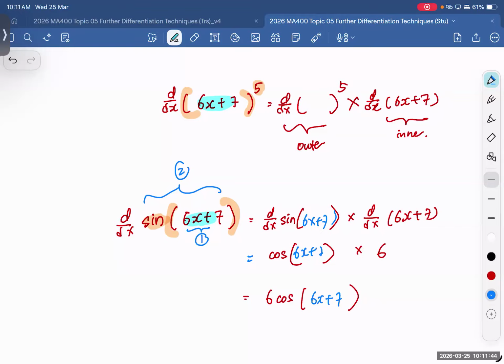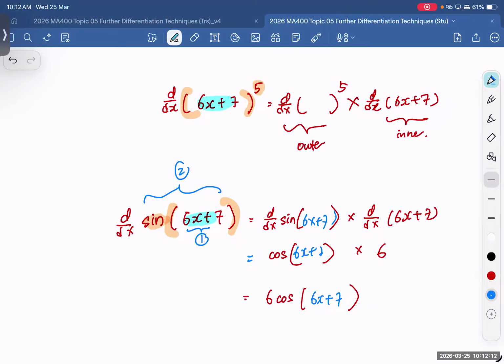Jason Lloyd, differentiate tangent 2x. 2 secant square 2x. Correct.